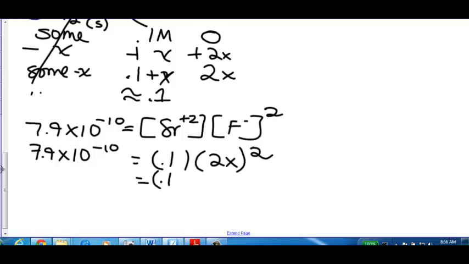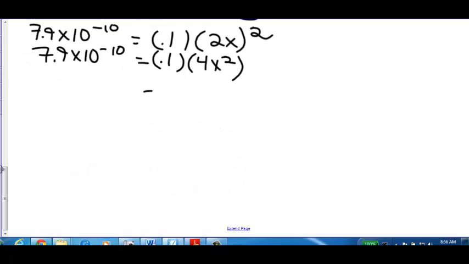So 0.1 times 4x squared equals 7.9 times 10 to the negative 10th. And if we solve for our x, we should get, what'd you get, Christian? 0.00125? No, not 0.00125.